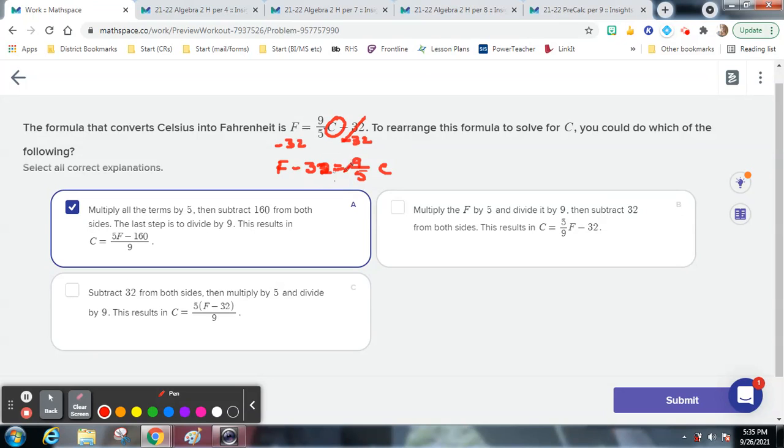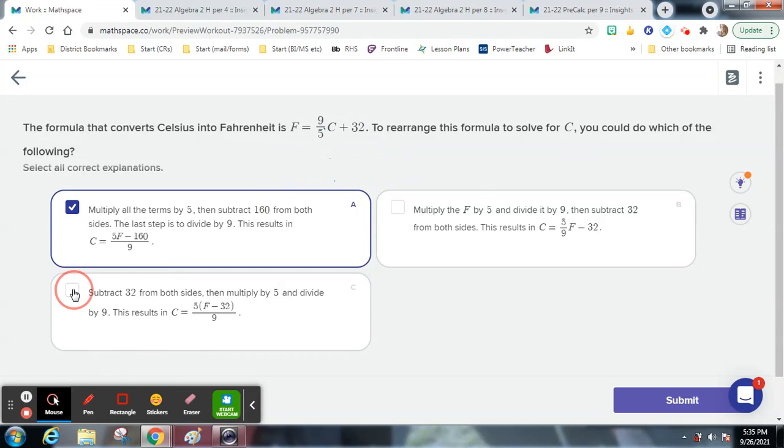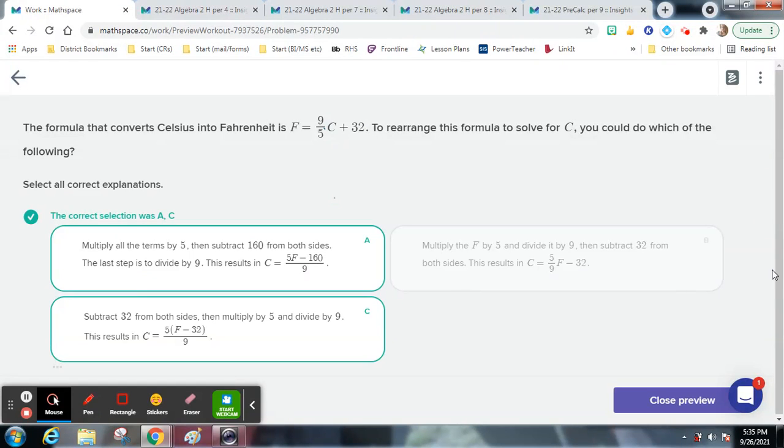You can see here they have it as the grouping because you're multiplying both pieces by that 5 and then dividing by that 9. So it is a valid way of doing it. So really A and C are our only options for that question.